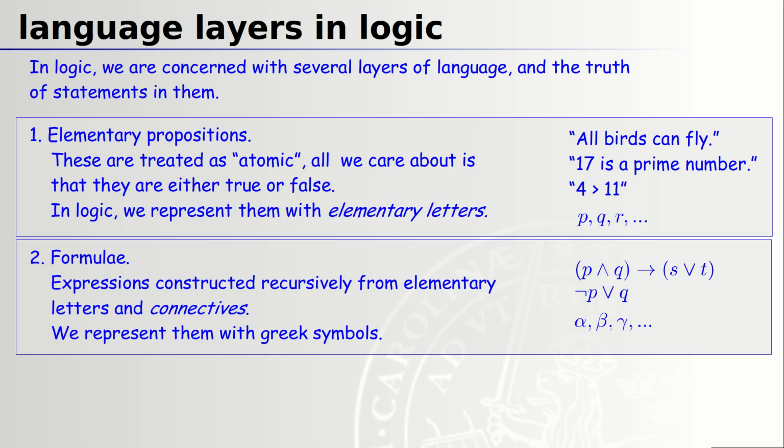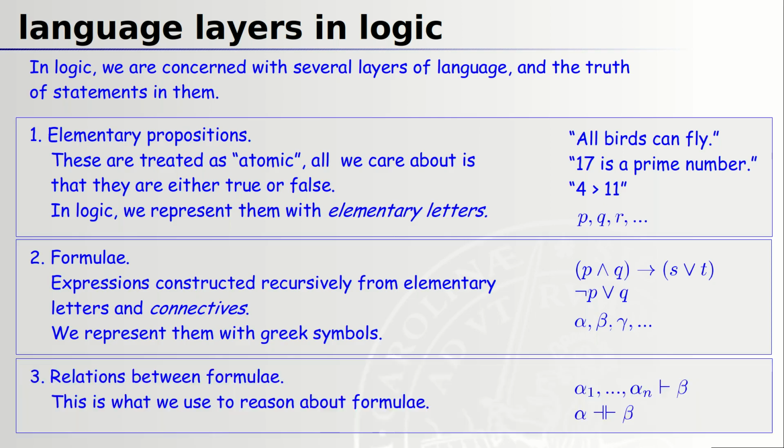The truth table for not, with only one operand, had 2 to the 1, that is 2 lines. The one containing our various operators acting on 2 operands had 2 squared, 4 lines, and so on. Finally, we need some notation to discuss relationships between formulae, which is what we shall do next.